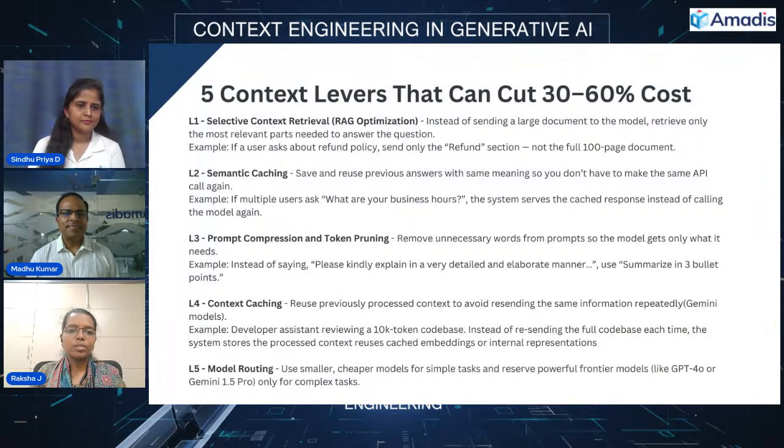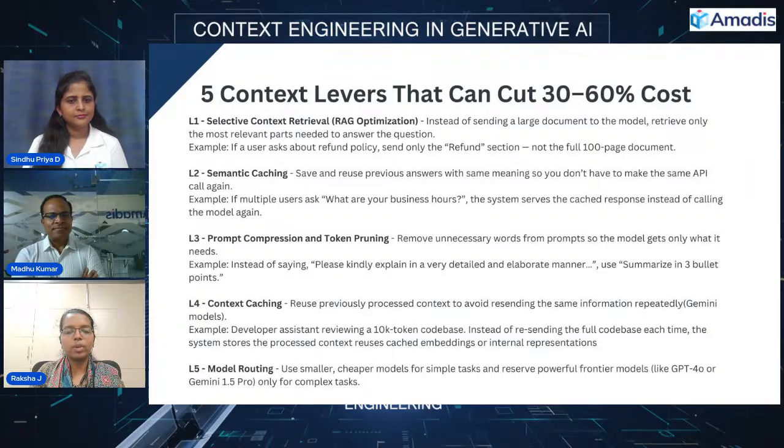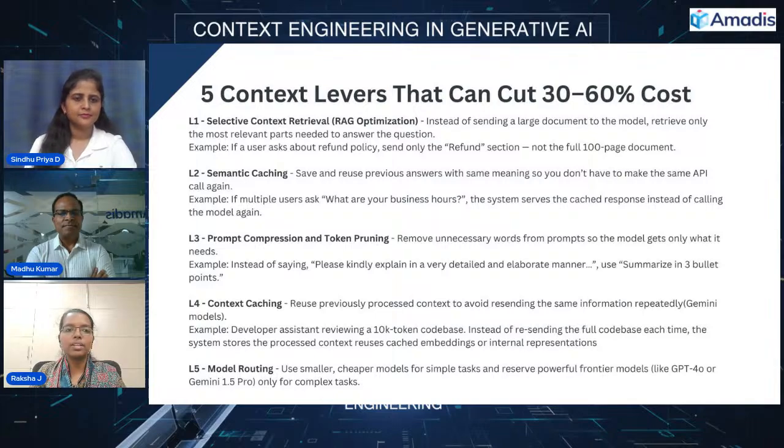So, from Madhu sir's speech, you could find that organizations have been paying a lot because of context, not knowing how to handle the context. They were paying because they were unable to know how the context was costing much more. So in this slide, we are going to see the 5 context levers that can cut 30 to 60% of your cost.